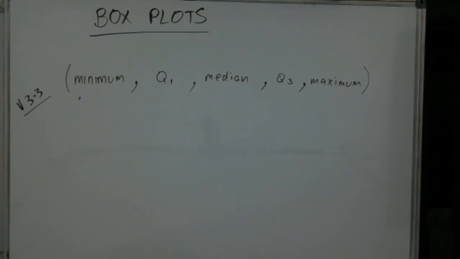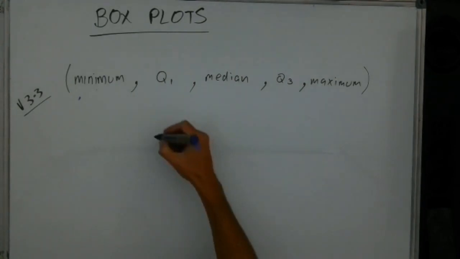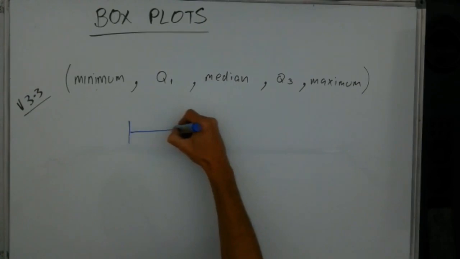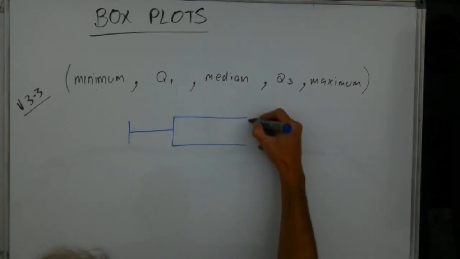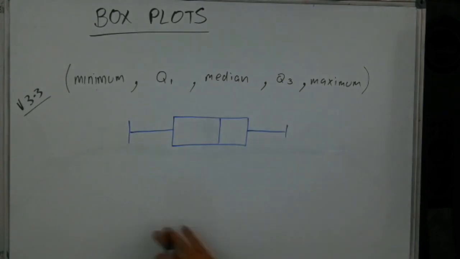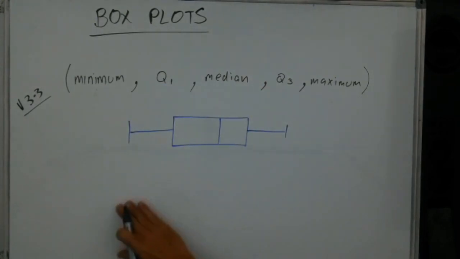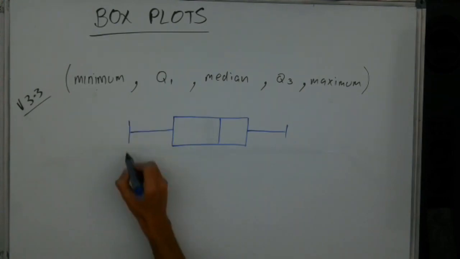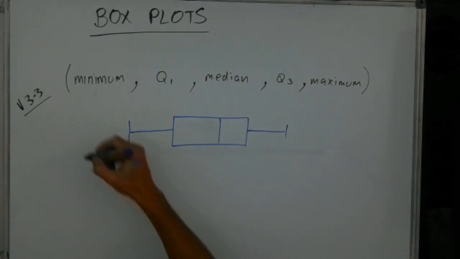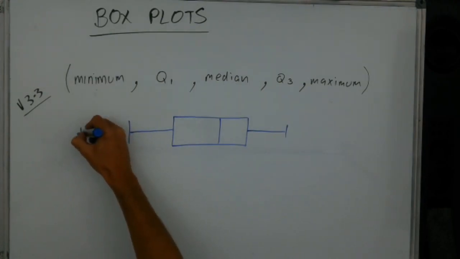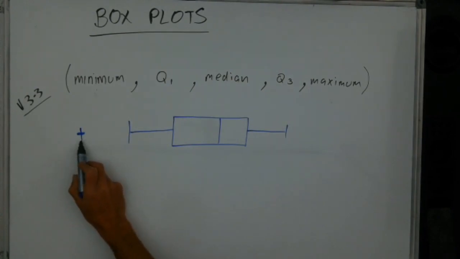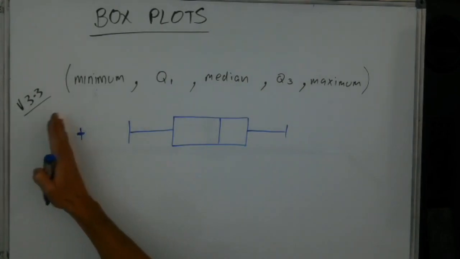So if you have discovered an extreme value in your data set, it can be included in a box plot by indicating, so say we have our box plot, and we've identified that maybe the minimum value or the maximum value is an extreme value, then at the end of the whisker, if there was a minimum extreme value, we'd put a little cross on our scale to indicate that there is a bit of data down here, but we've identified it as an extreme value, so we're excluding it from our box plot.